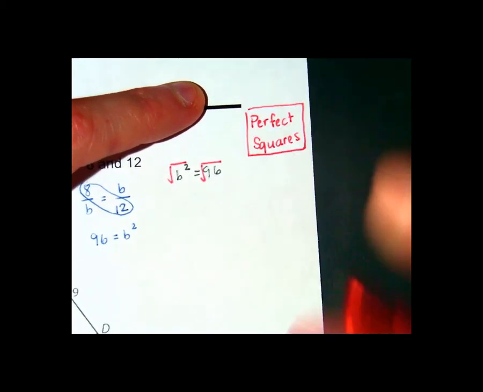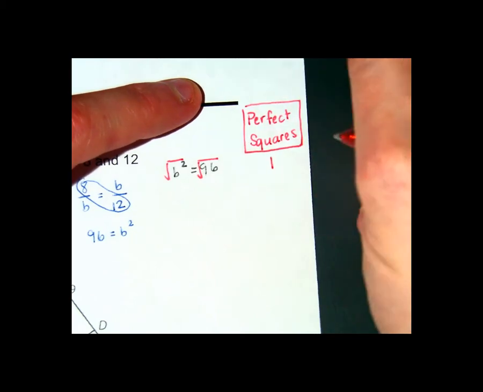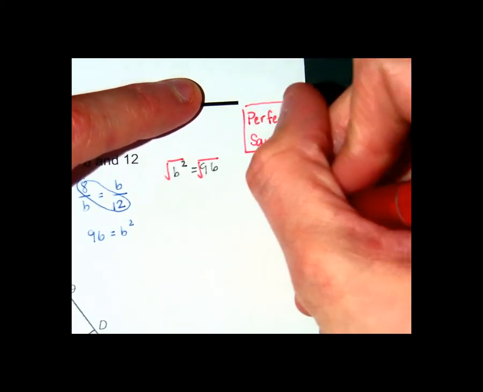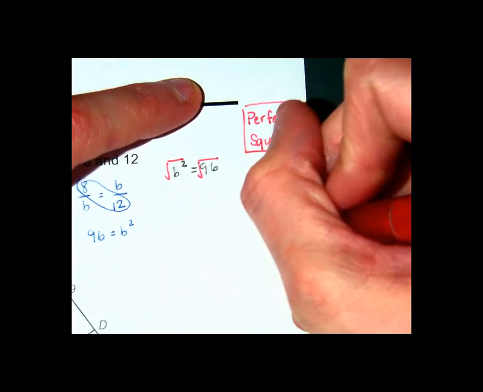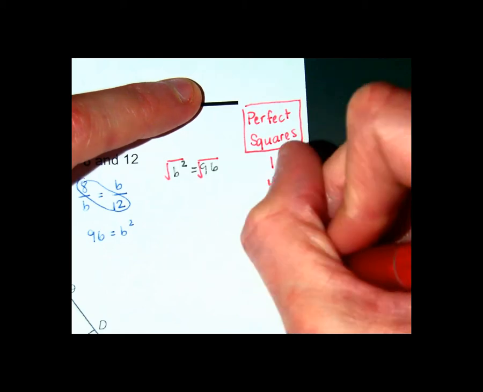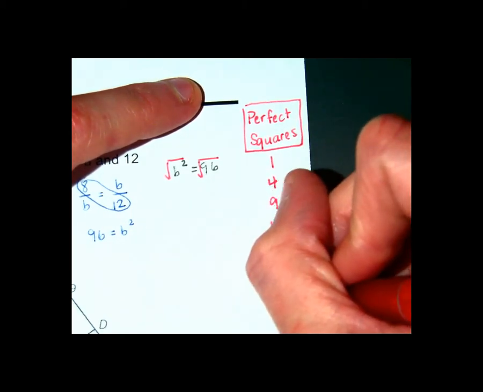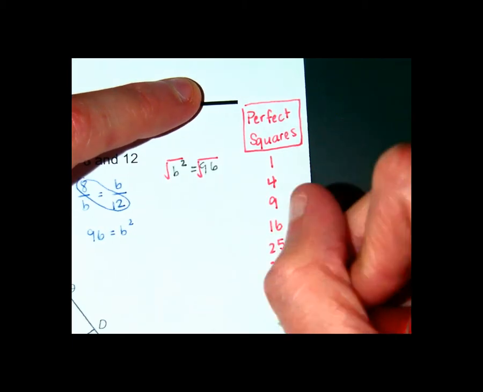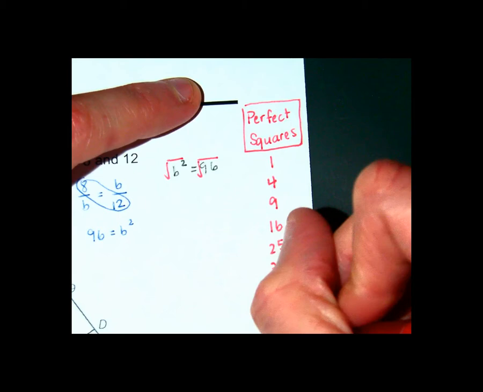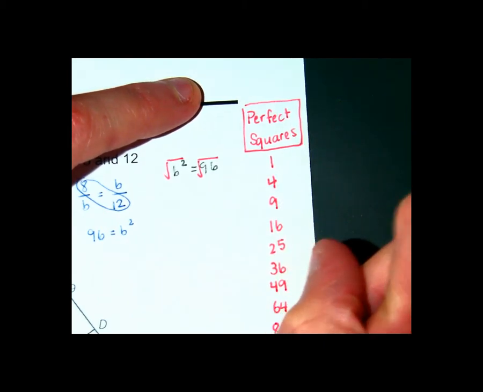What I mean by the perfect squares is like, what is 1 squared? What is 2 squared? 3 squared? 4 squared? 5 squared? 64, 81, 100, 121.